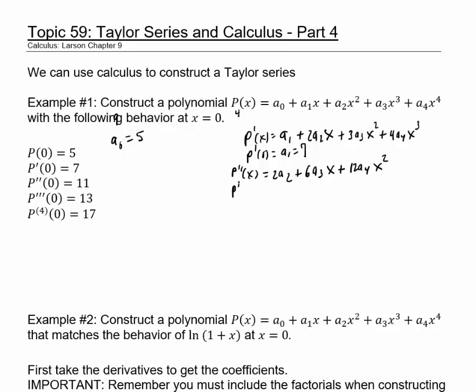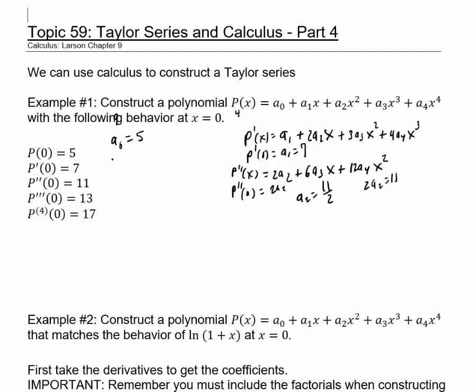Then I find p double prime at 0. So this term will be 0, this term will be 0. That tells you that 2a2 is equal to, in this case, 11. So let me write this over here. 2a2 is equal to 11, which means a2 is equal to 11 over 2.